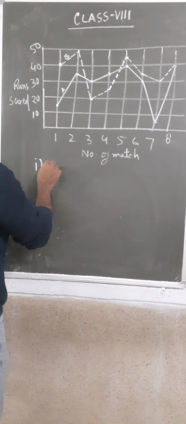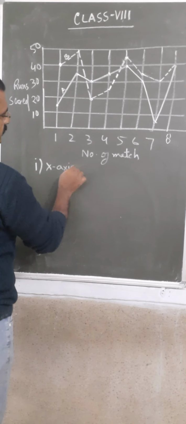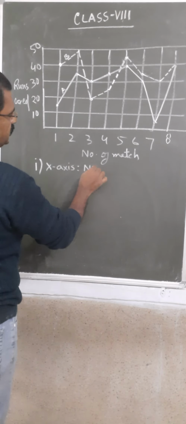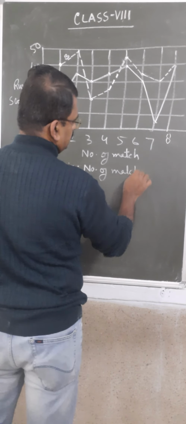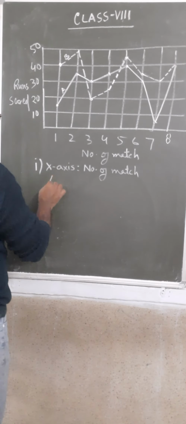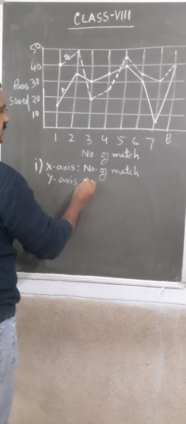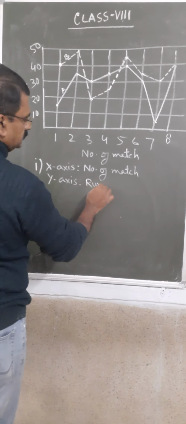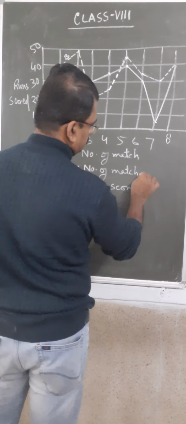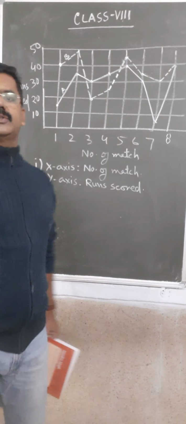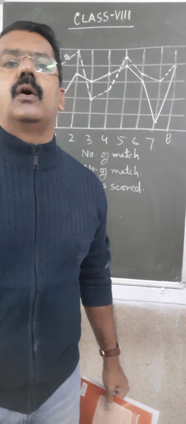So x-axis, I have already told you, number of match, and y-axis, runs scored. Number of match and runs scored.